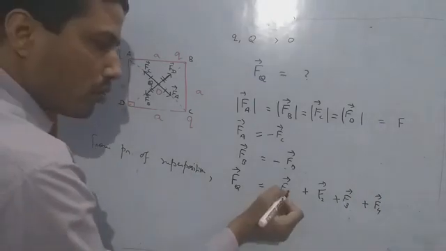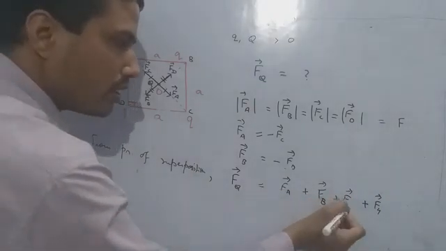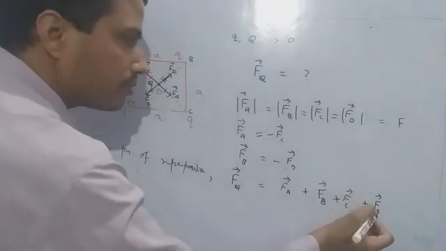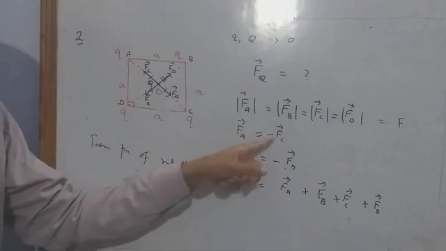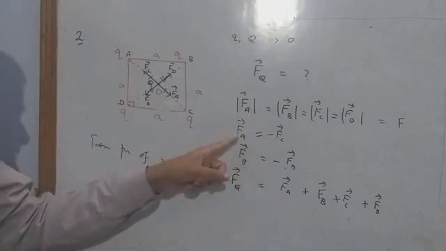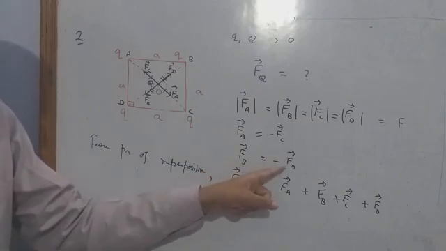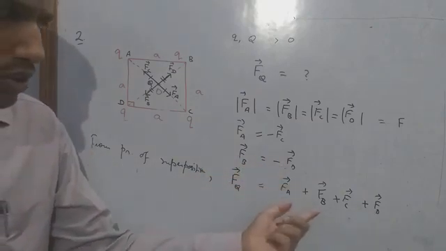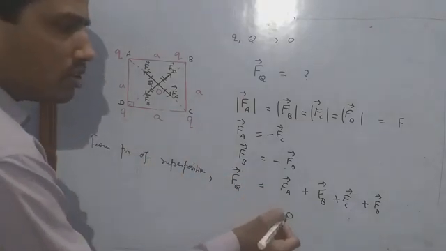Instead of 1, 2, 3, 4, I should write FA vector, FB vector, FC vector and FD vector. Now you can see FA vector is minus FC vector. This implies FA plus FC will be 0. Likewise, FB plus FD vector will also be 0. So this term is 0, that term is 0. Total, they will add up to a 0 vector.